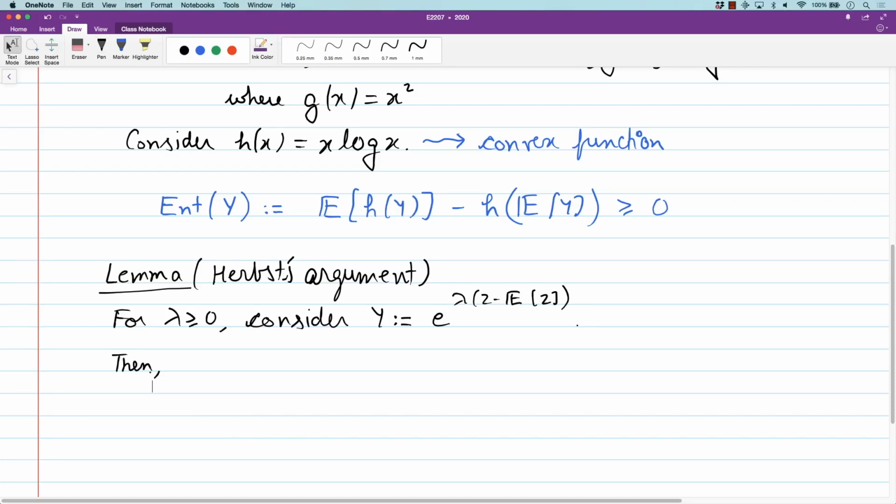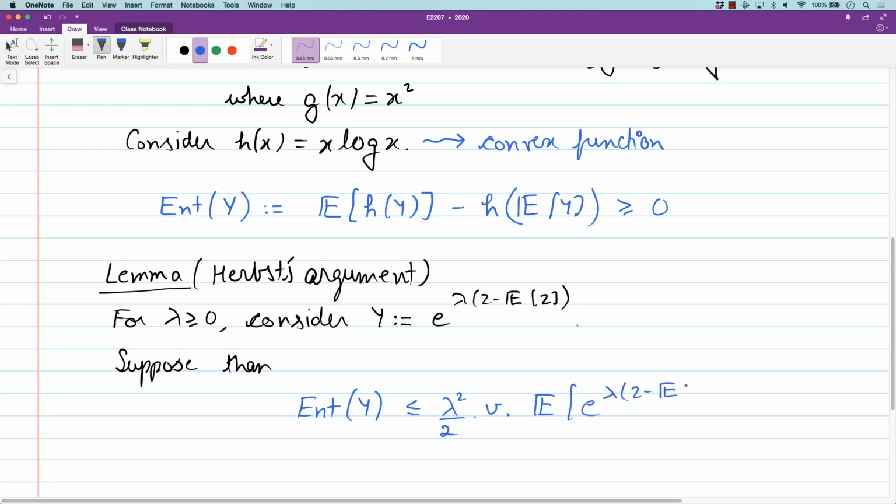Suppose that the entropy of this random variable Y is less than or equal to lambda square by 2 times some constant v times the expected value of e to the power lambda (Z minus expected value of Z).